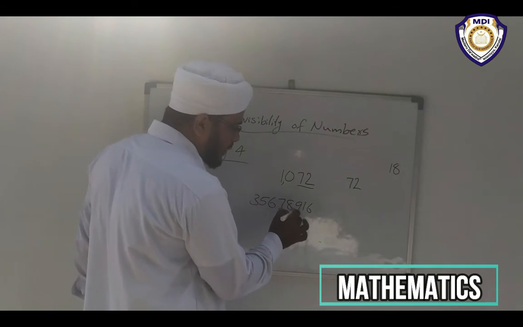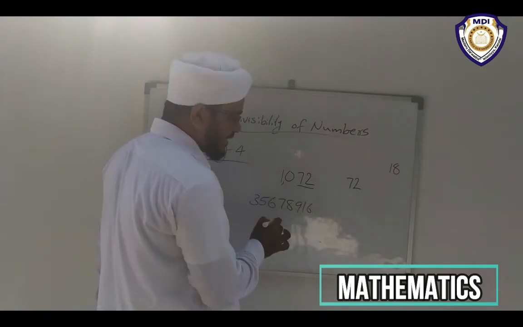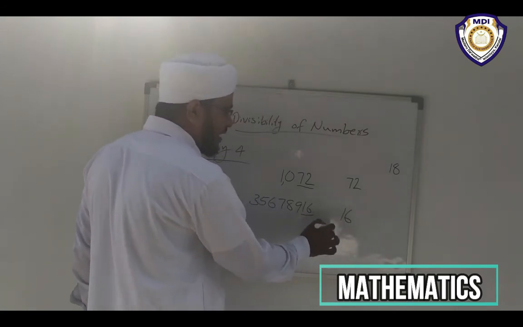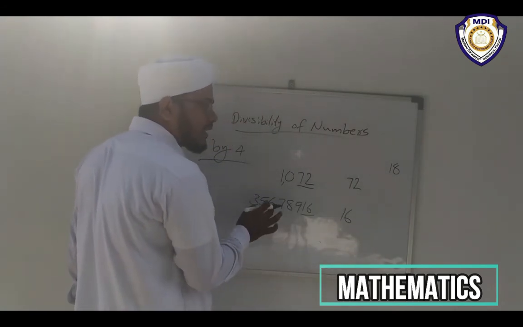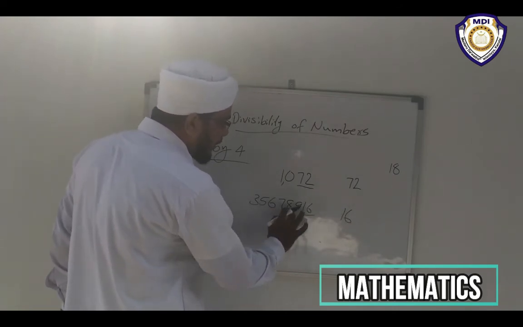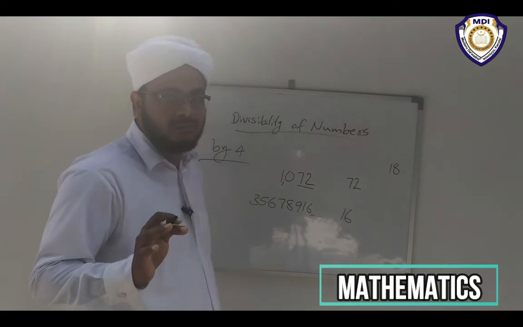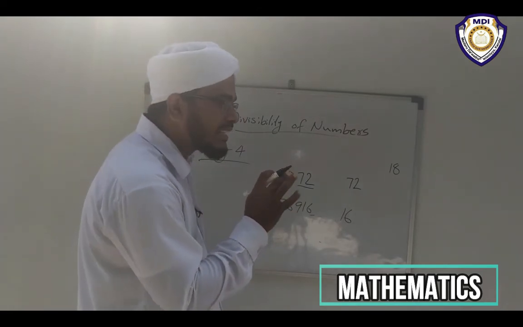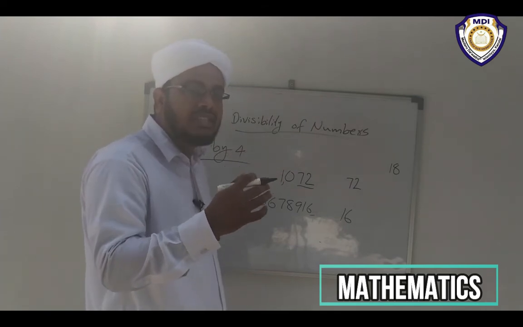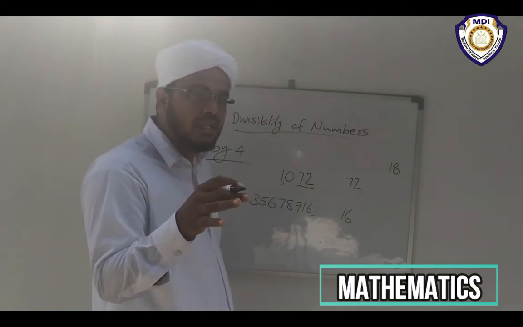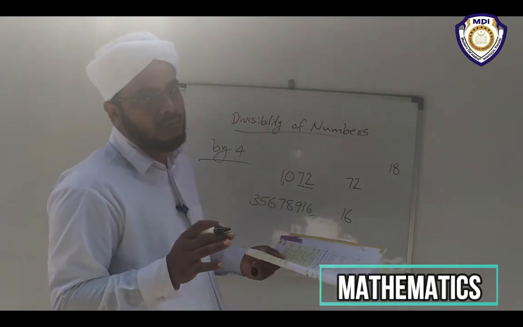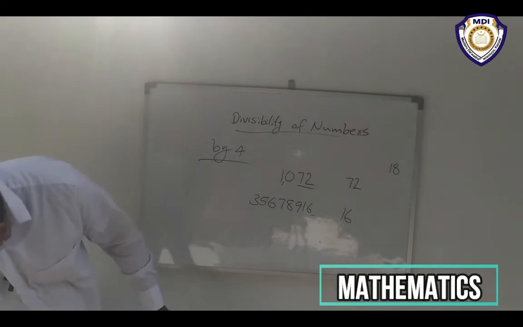Sure, because the number formed at the places of tens and ones is 16. Is 16 divisible by 4? Yes, 4 times 4 is 16. So, this number is divisible by 4. So, you have to look at the last two digits, form a new number, and check whether it is divisible by 4 or not. If it is divisible, then the number is also divisible by 4. Okay?